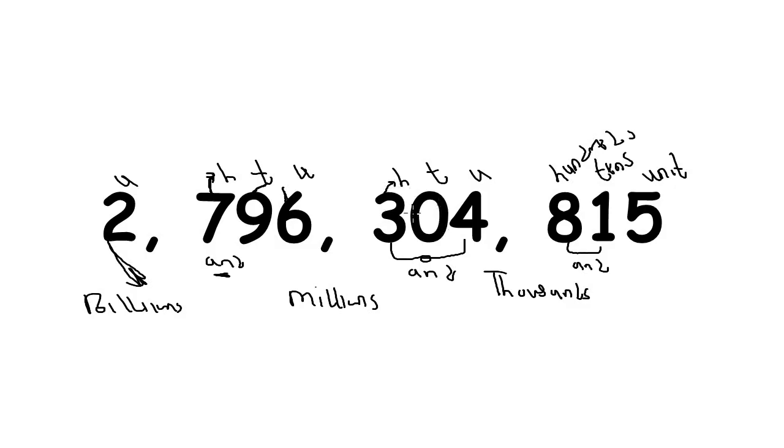300. Now this is 0, so we jump to the and directly. 304,000. Are we there? 304,000. Immediately after the 4 units, we have a comma, and that comma is thousand. 304,000. Then we have 815.